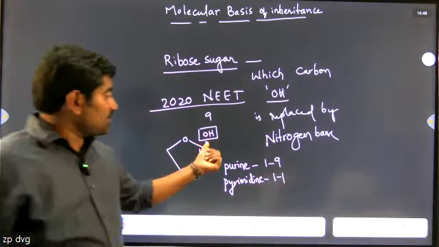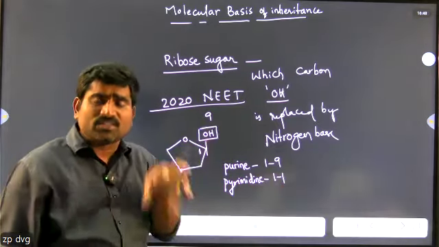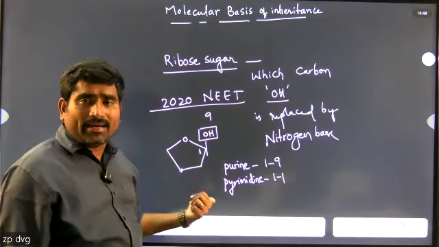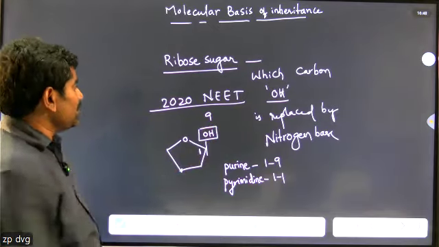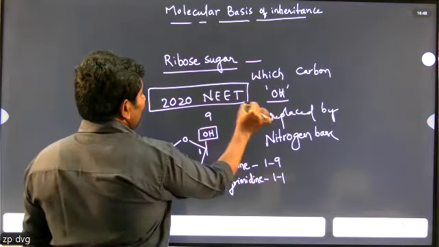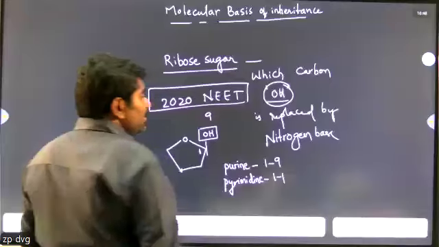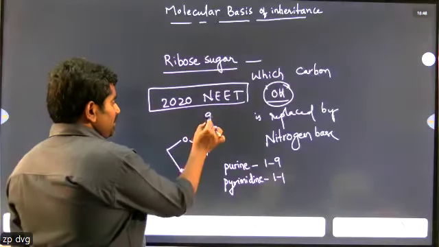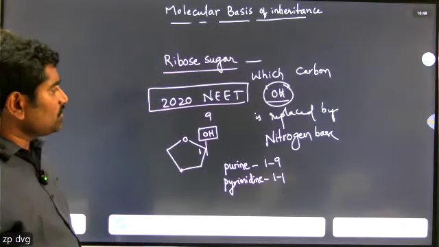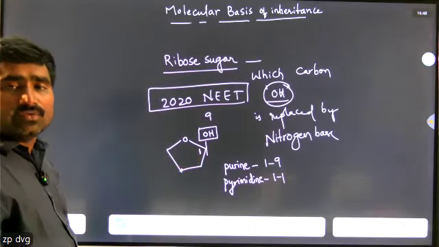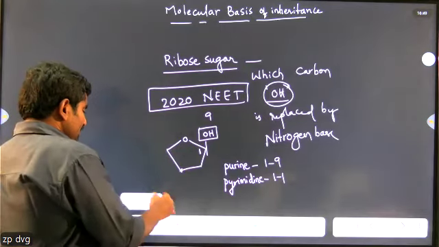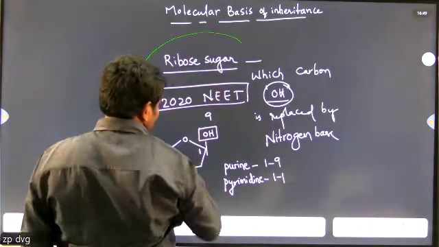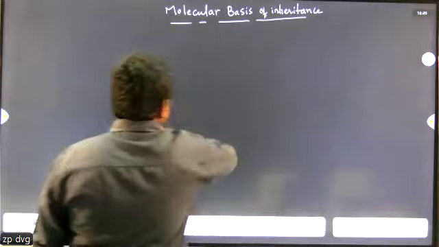It replaces the first carbon OH group. So this is the 2020 NEET question. In ribose sugar, the OH group replaced by the nitrogen base is the first carbon OH group. That is the concept.